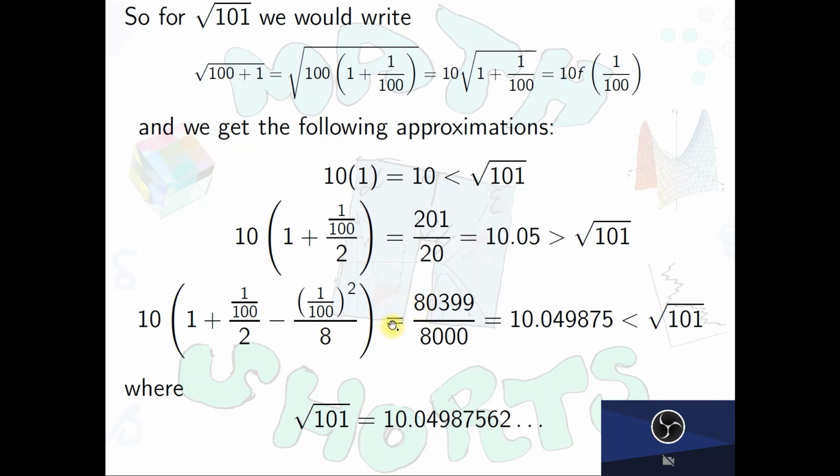If we simplify that whole thing, I get 80,399 over 8,000, which gives us 10.049875. And if we look at this, 10.04987562, that's pretty darn close. So this one converges a lot quicker because I'm using this value close to 0.